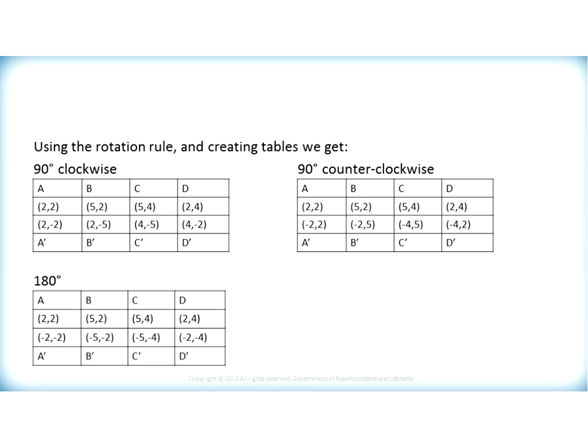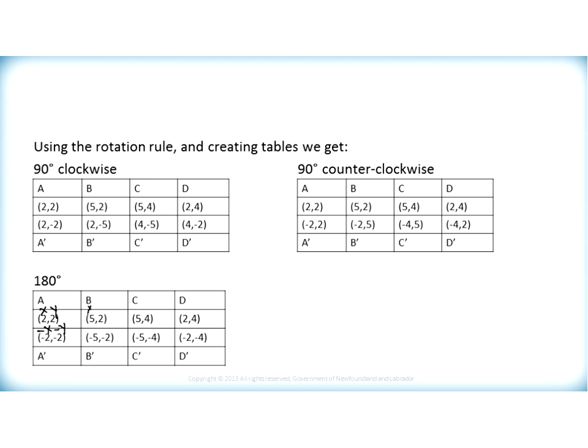For 180 degrees, again, we don't specify direction because it doesn't matter. You're going to end up at the exact same point, whether you go clockwise or counterclockwise. I started with (x, y), and I ended up with (-x, -y).